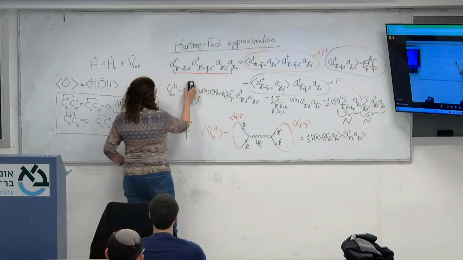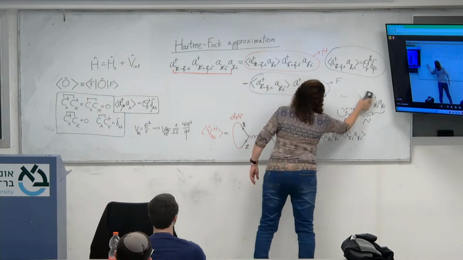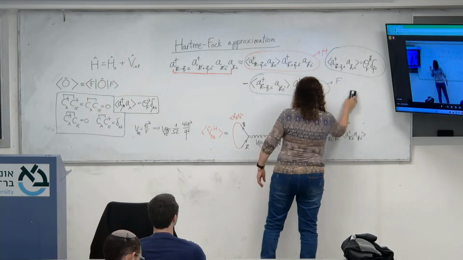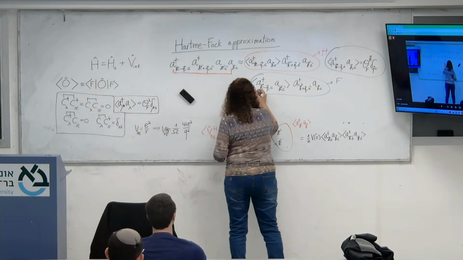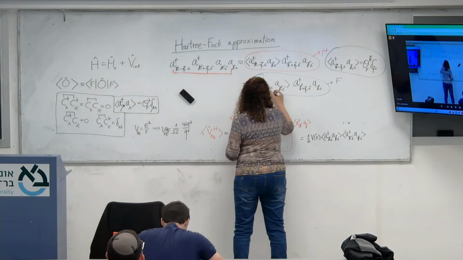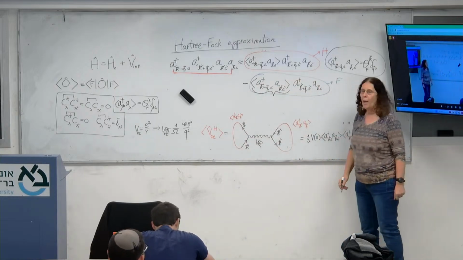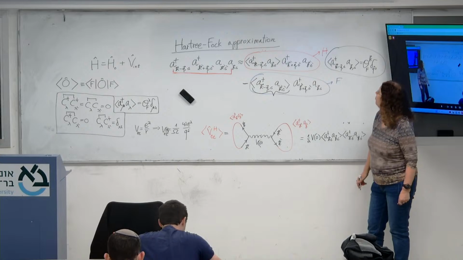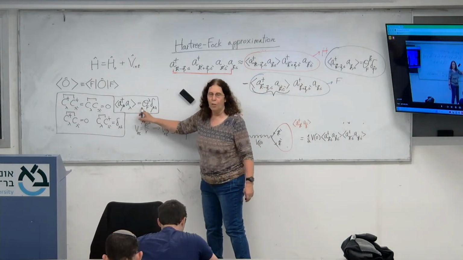I'm erasing this. Okay, so first of all, what is this? This expectation value is a number. What is the number? I'm again going to the original formula, the general formula.